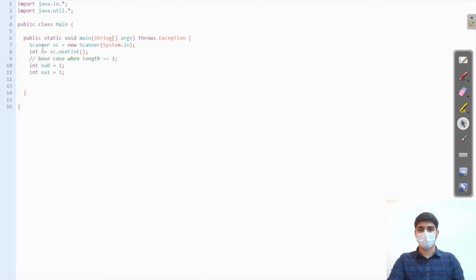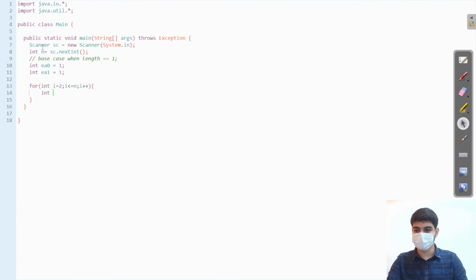So now when we traverse, if our base case is at 1, we have to traverse from 2 to n, right? We have to calculate for lengths 2 to n, as length of 1 is our base case, which is already handled. So I would have a loop which would run from 2 till n, and what I want to do now is to create new variables, right?